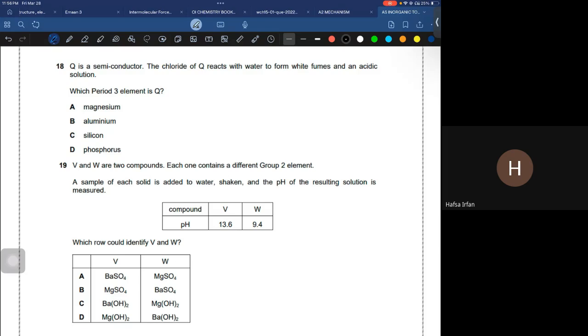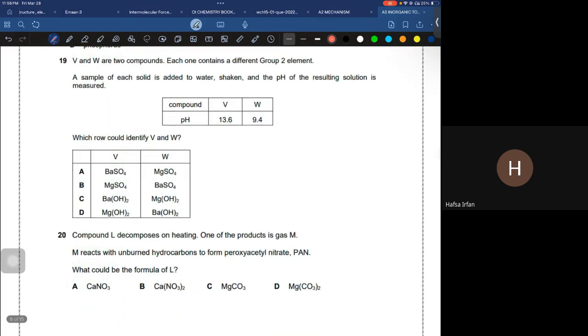C. See, semiconductor to hote hi dimag mein Si aana chahiye. So you're not supposed to cross check this question. C is a semiconductor, that is silicon. Okay. 19. Phir main batata hoon 19.